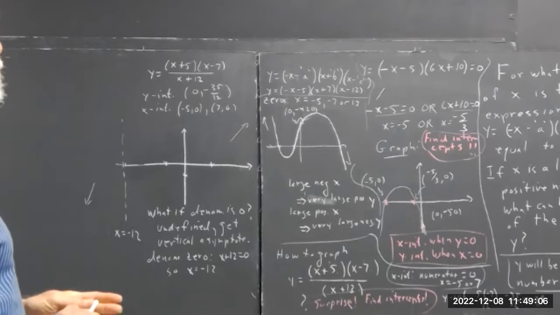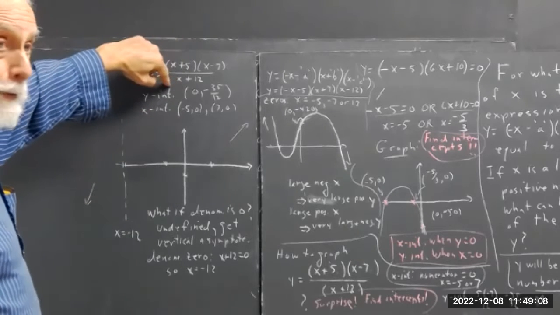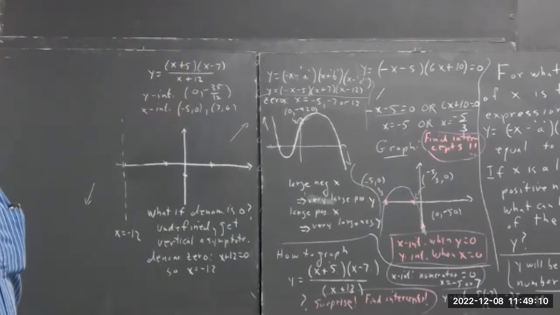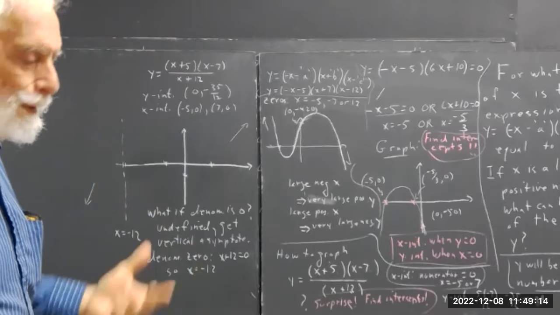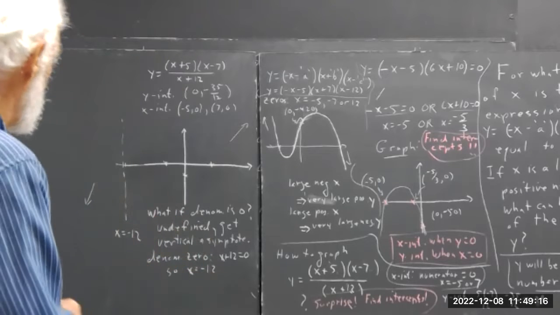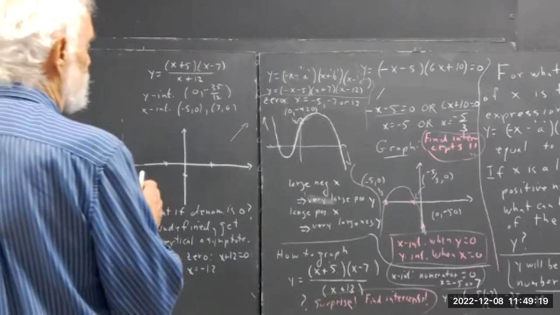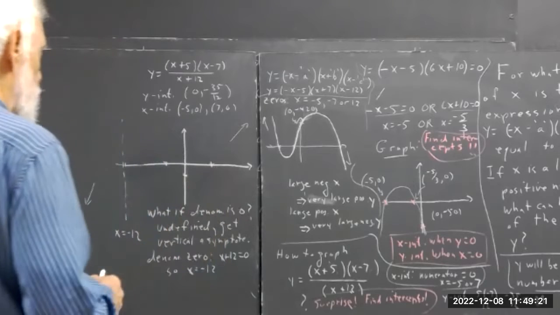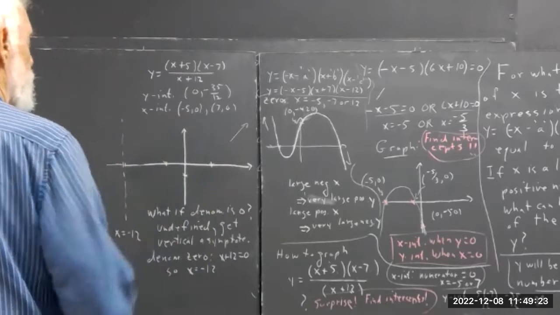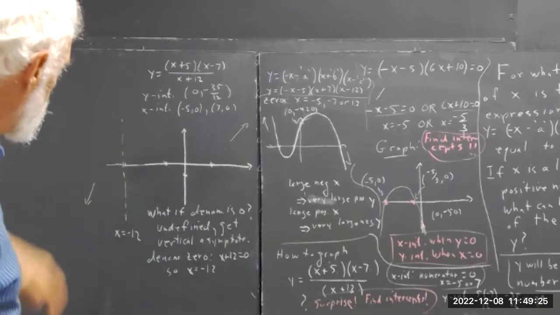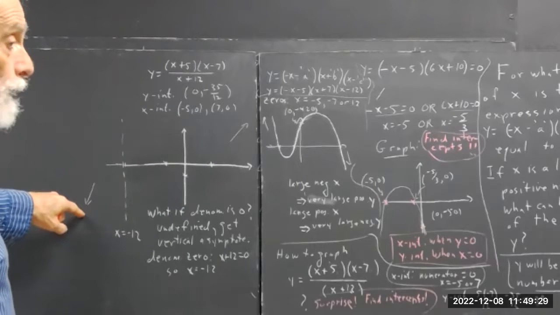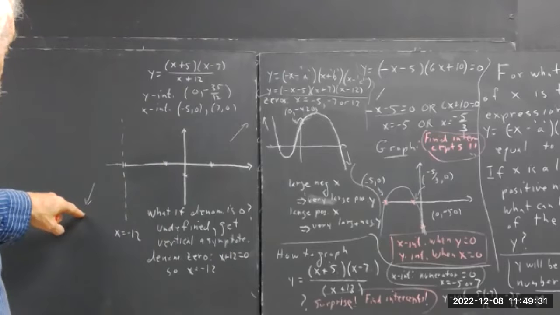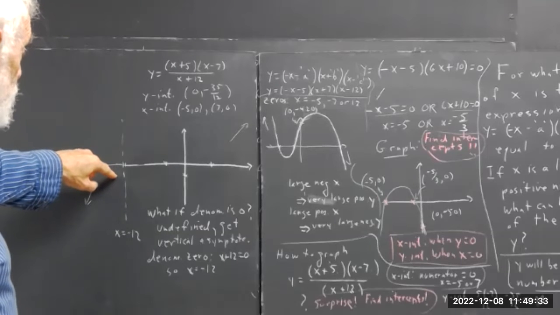And it turns out that if we do a long division of this numerator by the denominator, we get a linear function plus a rational function. And we can talk about that, but right now, we're just going to stick with this idea. So how do we go negative here? Have an asymptote here.